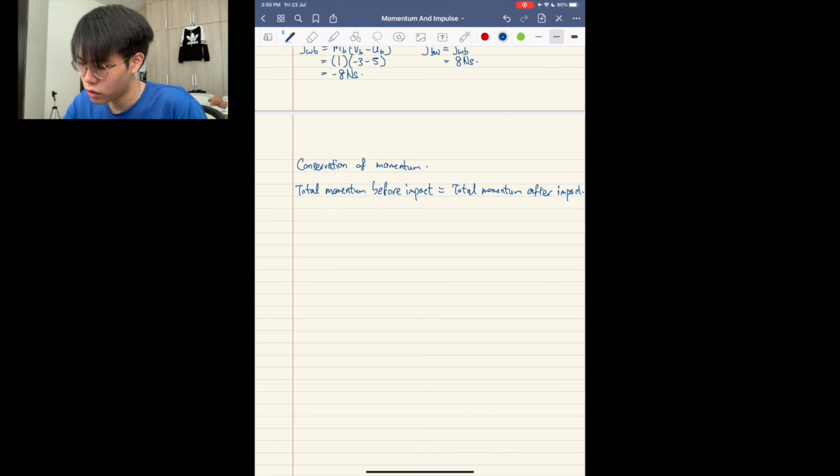Usually we use conservation of momentum when there are two or more objects colliding together. For example, we have ball A and ball B, right?